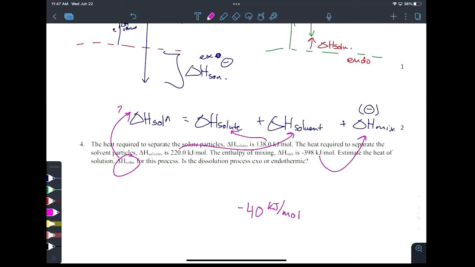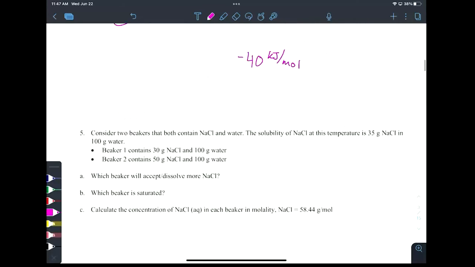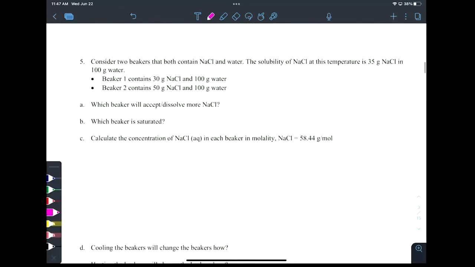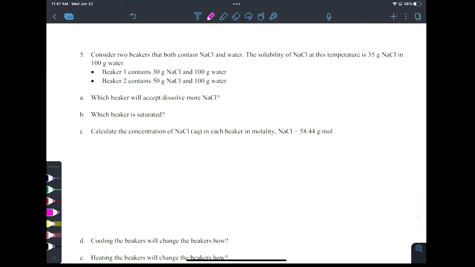Okay, let's do 5. Everyone hates 5. Everyone hates beakers. Okay. So the solubility of salts at some temperature is 35 grams of sodium chloride in 100 grams of water.